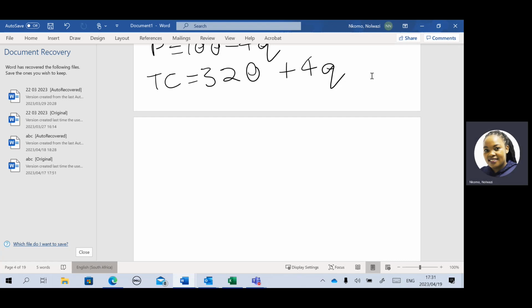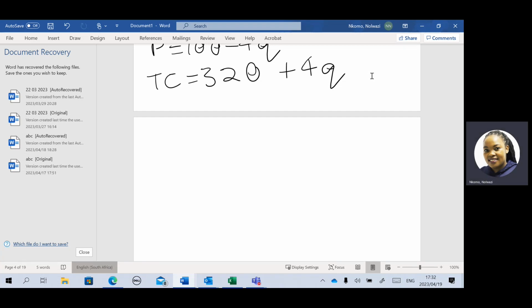You can determine where the profit will be made. You can determine where the loss will be made, right? First, we know that at break even, the total revenue is equal to the total cost.